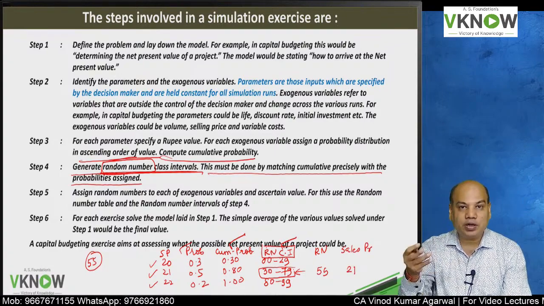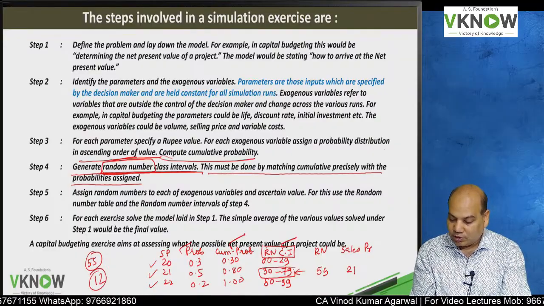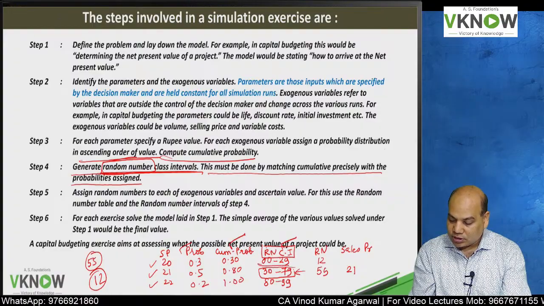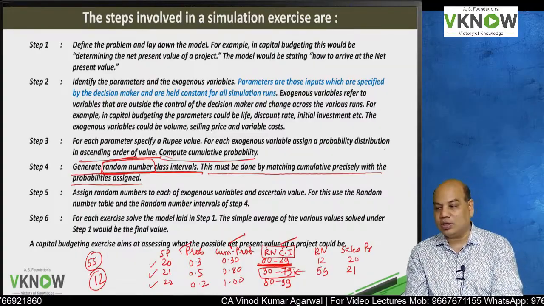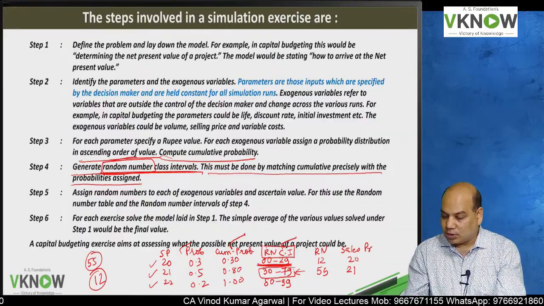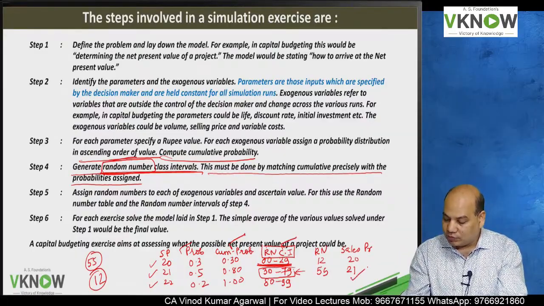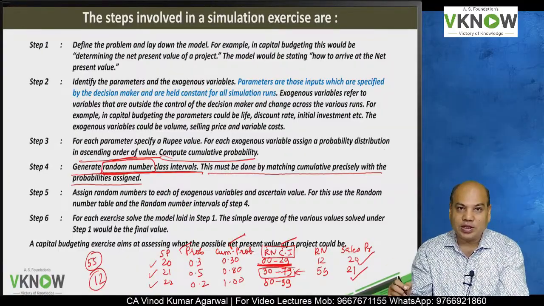Then again I pick one random number, let us say it comes to 12. If my random number is 12, it will fall in this class interval and the selling price is 20. Now it is up to the decision maker how many times he wants to do the experiment. So we'll compute NPV with 21 rupees selling price, and we'll compute NPV with 20 rupees selling price.